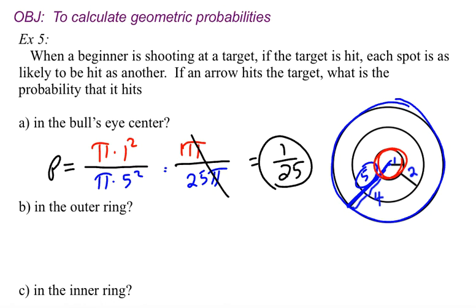So this would be me throwing darts at the dartboard because I'm horrible at throwing darts, and believe me, if I even hit the board, I'm lucky. So if it hits somewhere on the board, it is equally as likely, no matter where I'm aiming, that it would hit in the center versus any other spot on that board. And how many spots do I have on the board that I could hit? You got it, an infinite number of spots. I can't count them. I have to calculate sizes to compare the areas and compare the regions to get the probability.